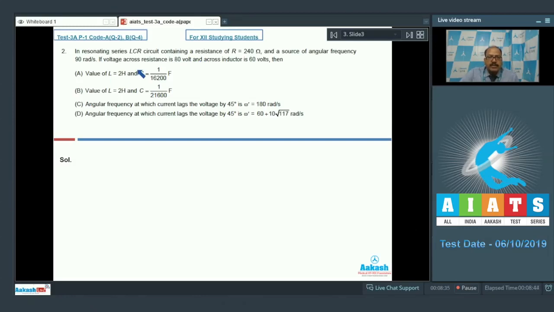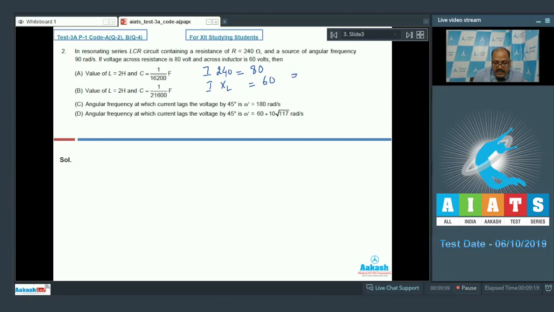Now to find the inductance, we use the fact that resistance is 240 ohm and the voltage across resistance is 80 volt. So it means that current I into R, R is 240 ohm, is equal to 80 volt, right? The voltage across the inductor is I into XL and that is given as 60 volt.